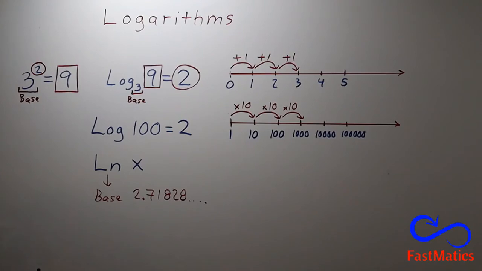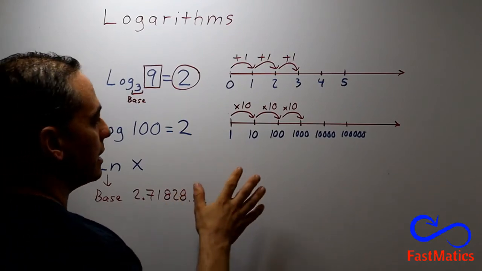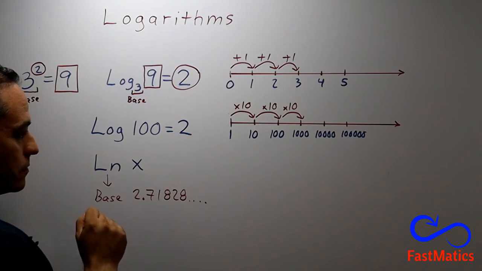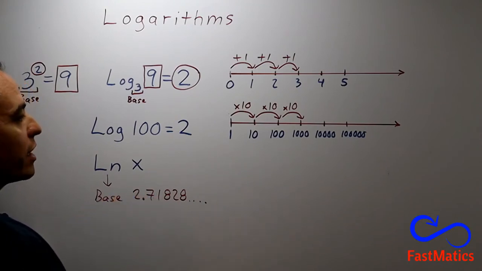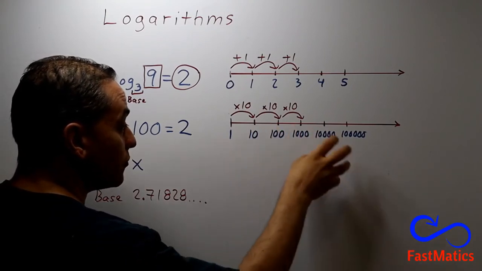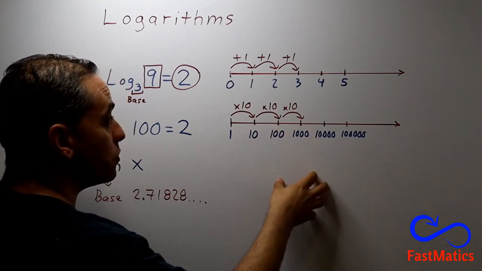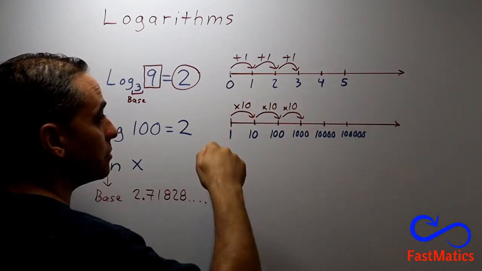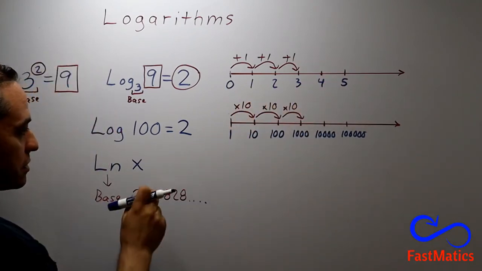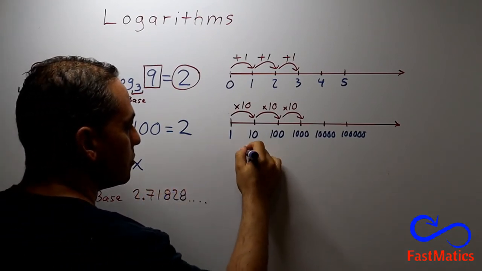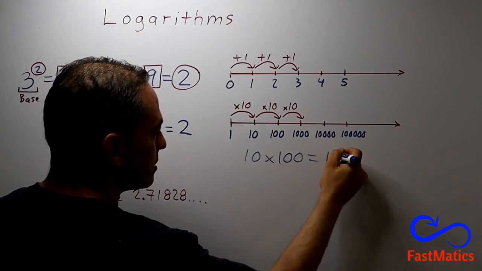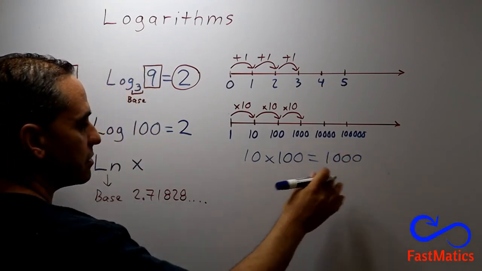Another thing, in ancient times, there were no computers, no calculators, and it was very practical to convert our numbers to another scale in order to make operations very quick. For instance, if I want to multiply 10 times 100, we will get 1000. Very simple example.